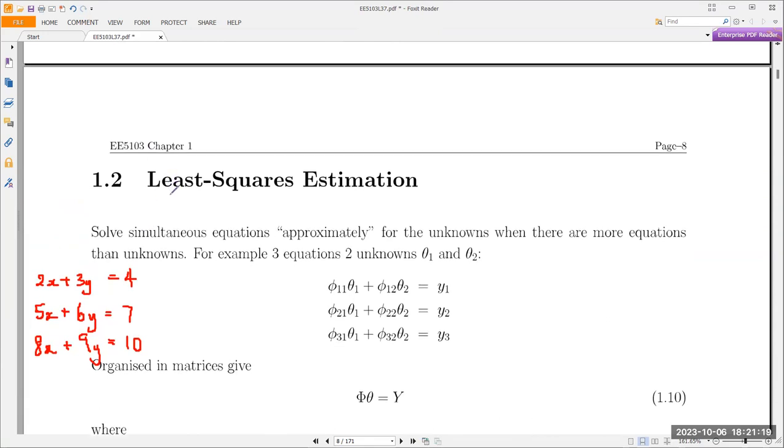I say it this way: the first example I gave you was two equations, two unknowns, then can solve. Three equations, three unknowns, can solve. But now I give you three equations, two unknowns. So this one we say cannot solve.